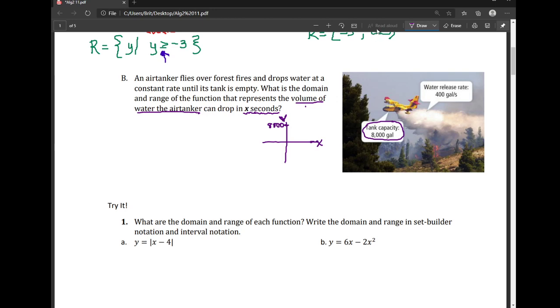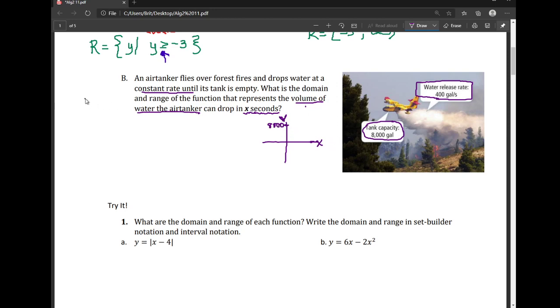So what we have to actually do is we have to think about this part here. Now, the problem said that it's releasing at a constant rate. Okay, so that means every single second this water is being released at 400 gallons at a time. So what we need to do is figure out how many seconds pass for this volume to be 0.